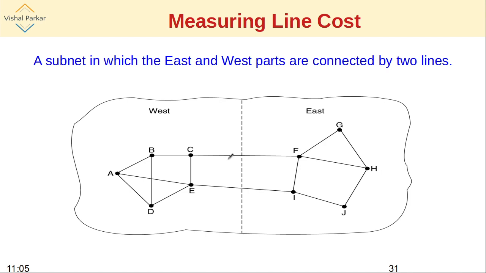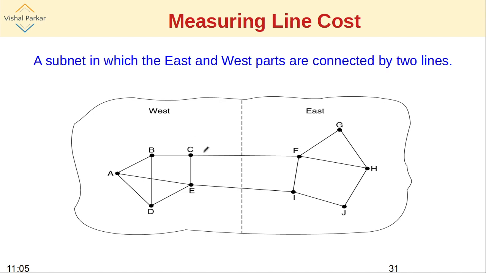Now imagine initially the CF line has got more load, it is flooded with packets. And that's why obviously the packets will be diverted onto EI, because when the load is taken into account, the propagation delay will be more through CF, and that's why the packets will always take the route of EI.